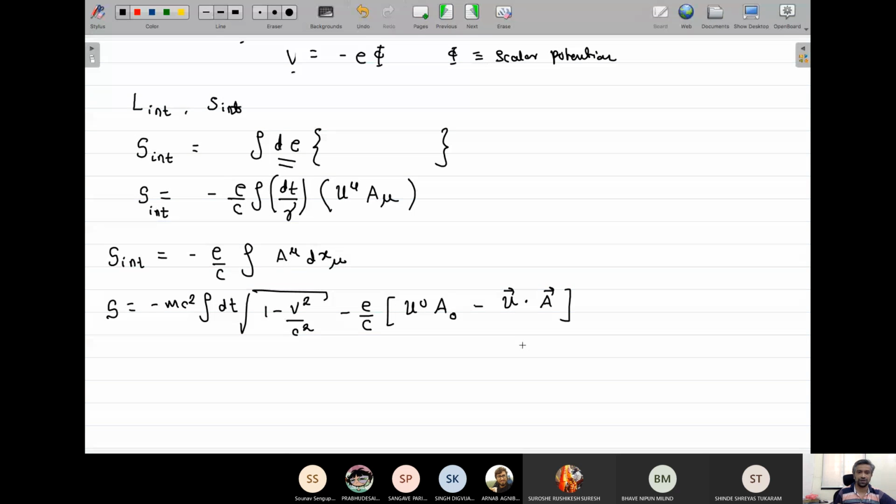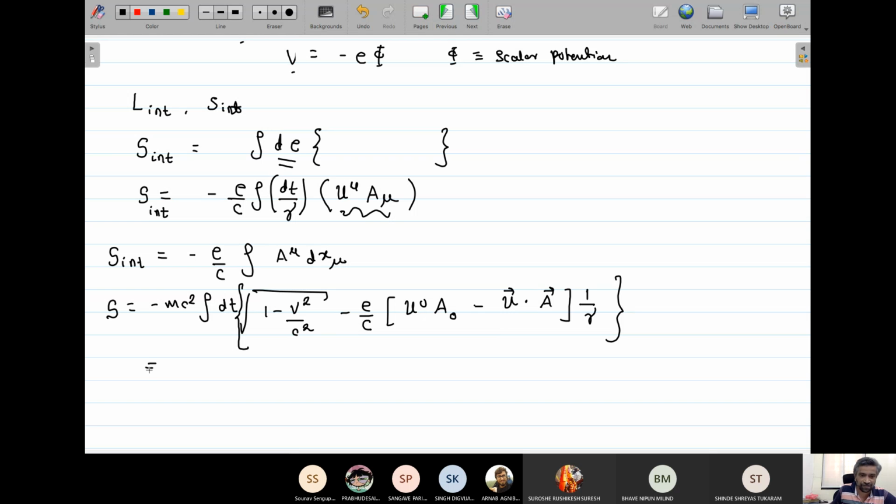This is just the expansion of this, and then there is this gamma factor. 1 over gamma is coming, so I will write 1 over gamma. e by c, 1 over gamma dt is there. So this part is complete. I have just expanded this term in components.